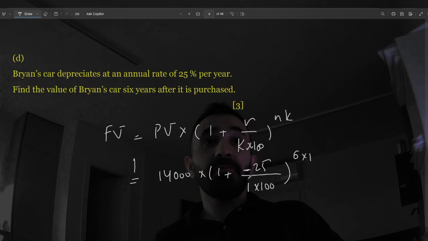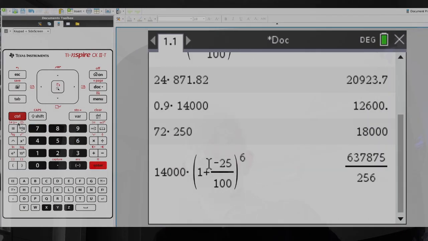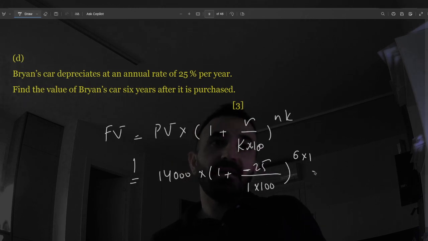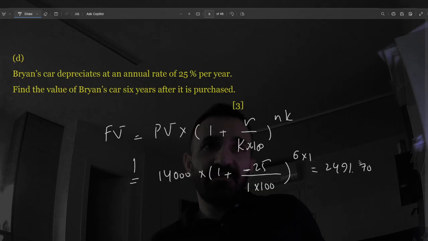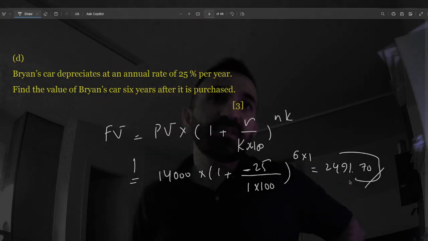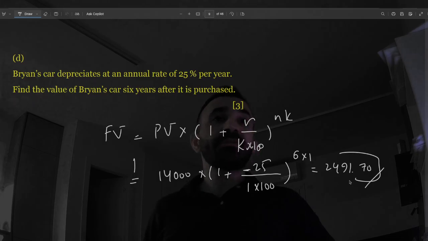So this is the price of the car. Control Enter. It's going to give you the price of the car after 6 years: 2,491.70. Well, I think this model is not very realistic, but this is what it is. This is the price of the car if it's depreciated every year by 25%.